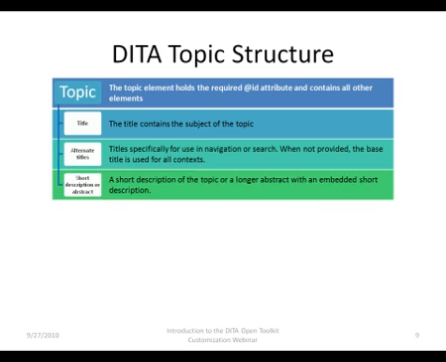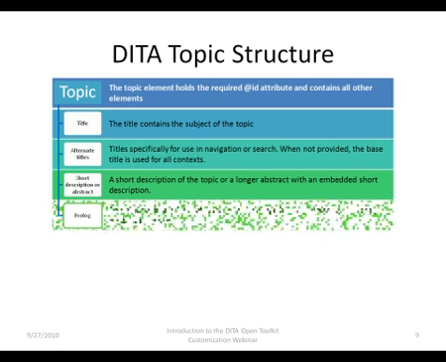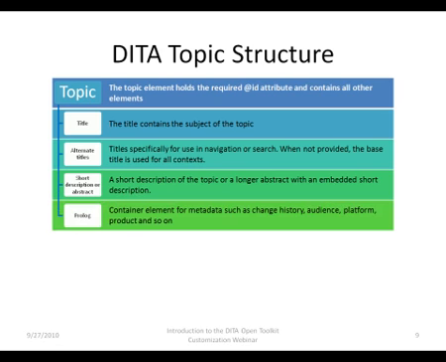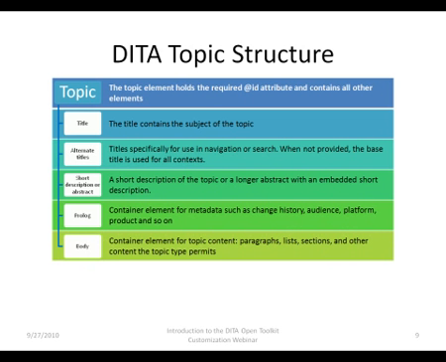Next, there is the short description, or a longer abstract with an embedded short description. The prologue is a container element for metadata, such as change history, audience, platform, product, and so on. The body is where the main topic content goes: paragraphs, lists, sections, and other content that the topic type permits.